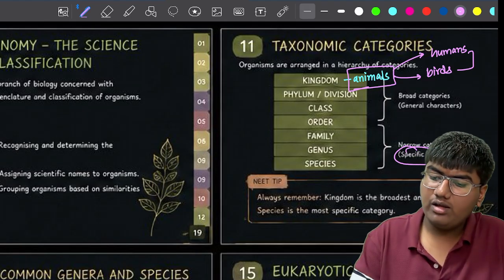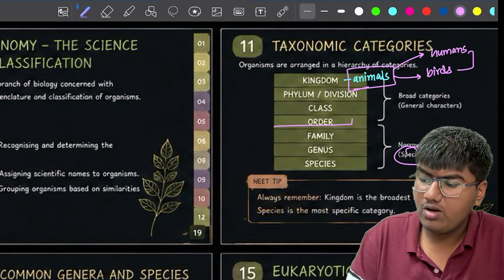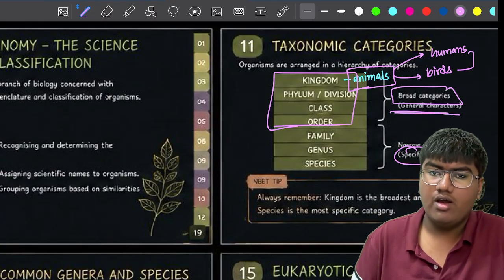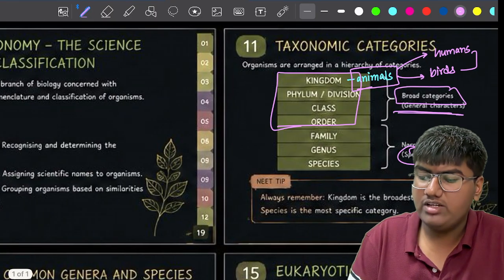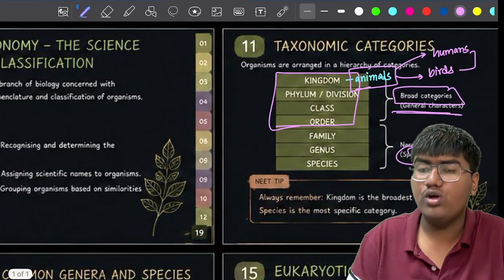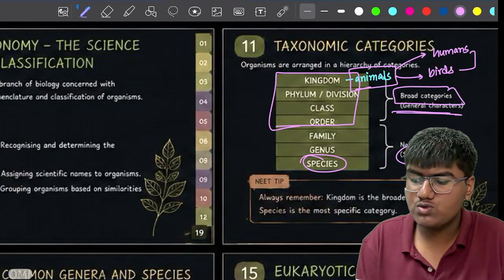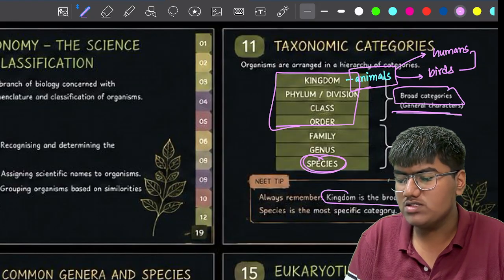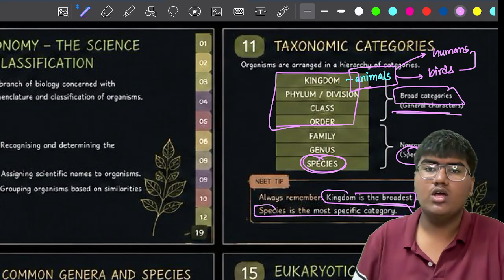So from kingdom till order, there are general characters, or they are broad categories, whereas when it comes to family, genus and species, it is more specific, and species is the most specific. Always remember, kingdom is the broadest and species is the most specific.